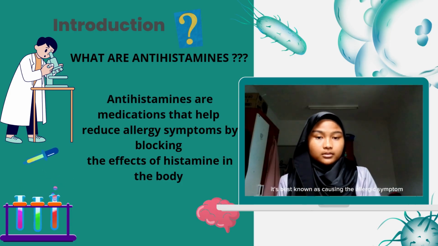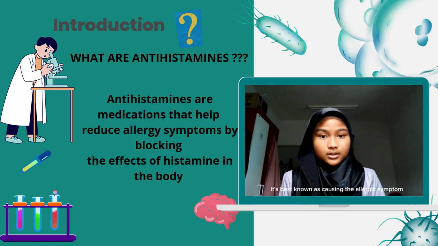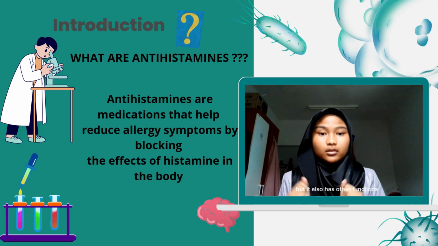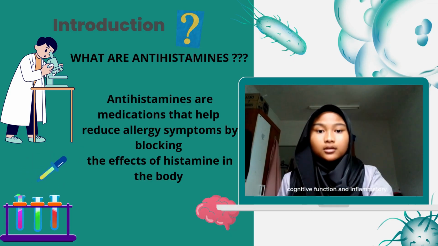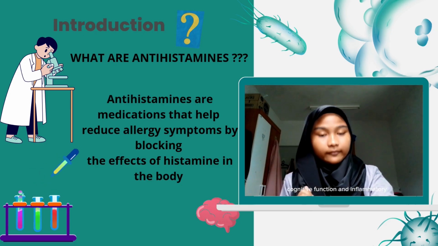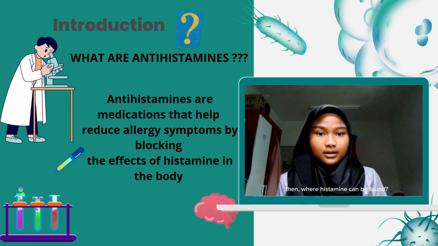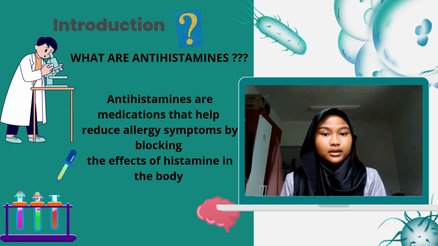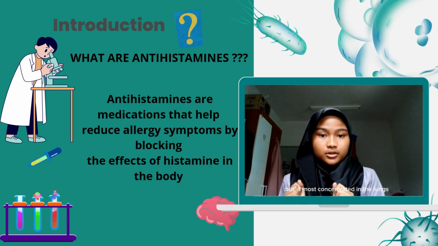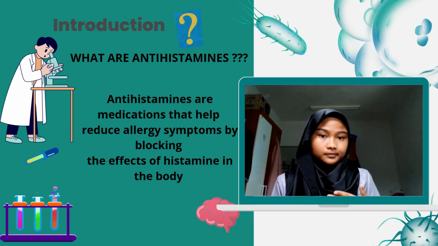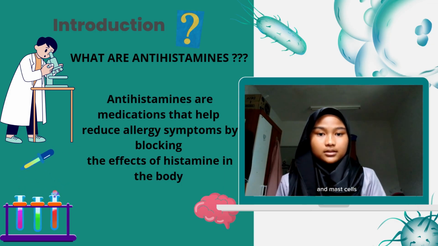It's best known for causing allergy symptoms, but it also has other functions such as the sleep-wake cycle, cognitive function, and inflammation. Then, where can histamine be found? Histamine is found in our body tissues, but it is most concentrated in the lungs, basophils, and mast cells.